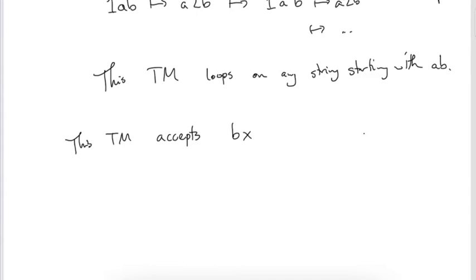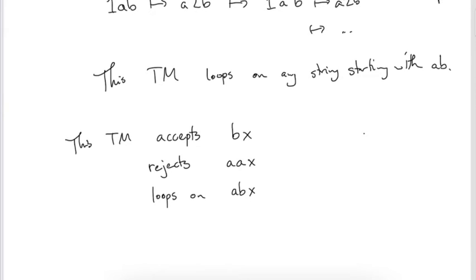It rejects anything like AAX. If it has an A followed by another A, it will halt and reject, right? And it will loop forever on inputs like ABX. And that actually covers all possibilities, right? If it starts with a B, it accepts. If it starts with an A and then another A, it rejects. If it starts with an A and then a B, it loops forever.